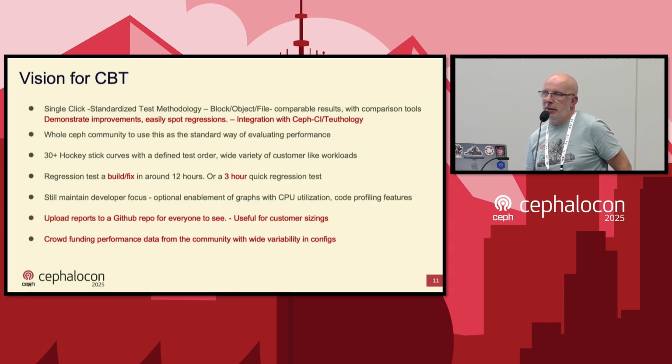If we can persuade the community to start adopting this as an easy way to evaluate Ceph clusters, then we can build up a repository of performance data from the community, almost like crowdsourcing performance data, given that there's a huge number of different configurations out there.